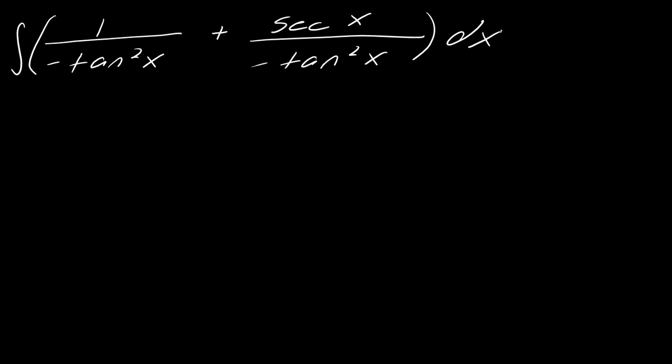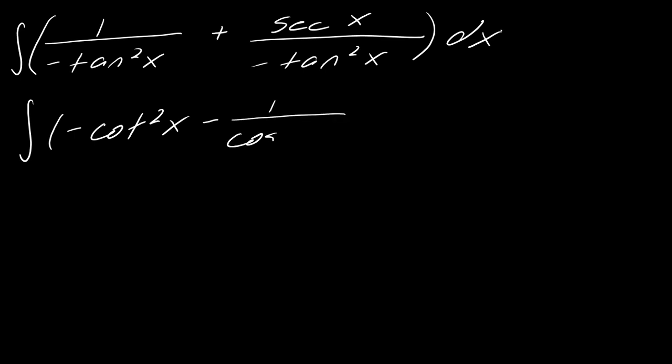Okay, so from here, what I can do is rewrite this 1 over negative tangent squared as negative cotangent squared x. And then for this other one, let's see, how can I write this? So secant x is really 1 over cosine x.